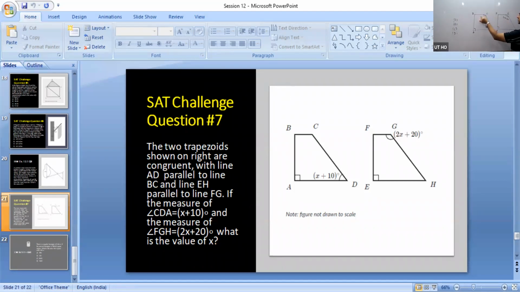So this is 2x plus 20. They are parallel lines, summation of internal angles will be 180. So it will be 2x plus 20 plus x plus 10 equals 180. So you get 3x equals 180 minus 30, so 3x equals 150. X value will be equal to 50. Okay. Done.